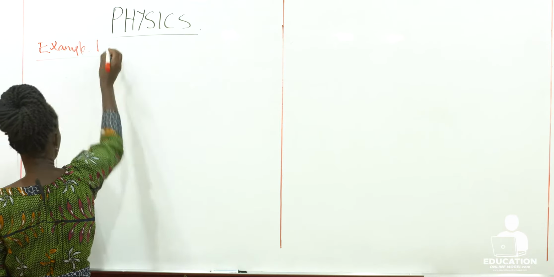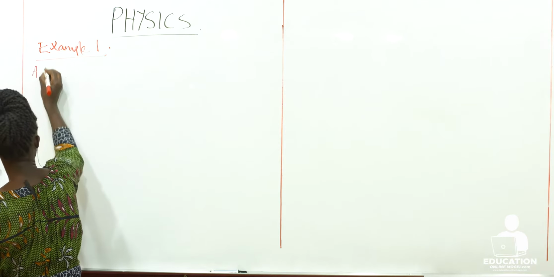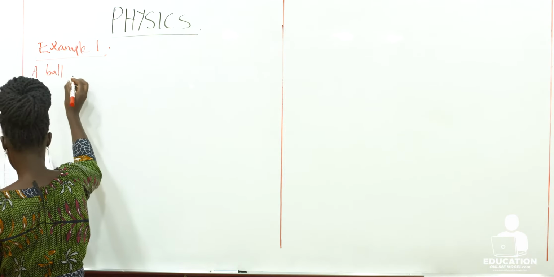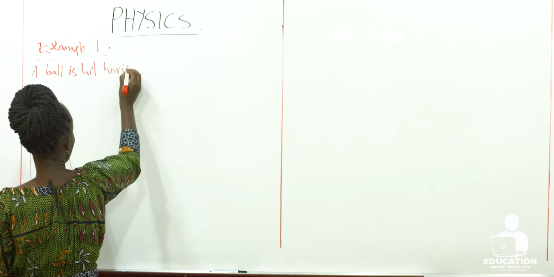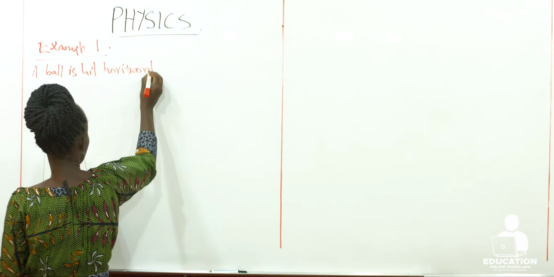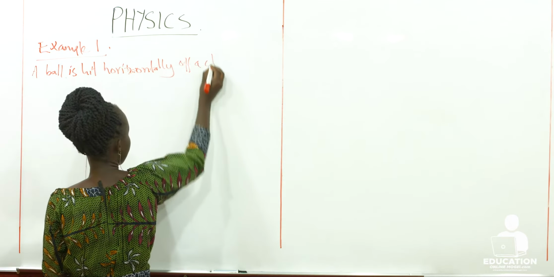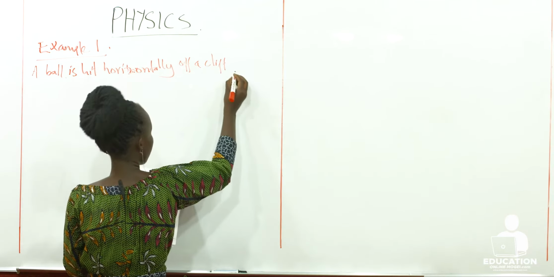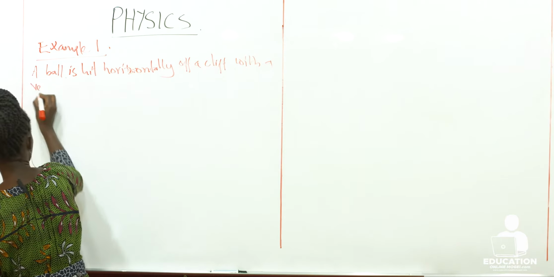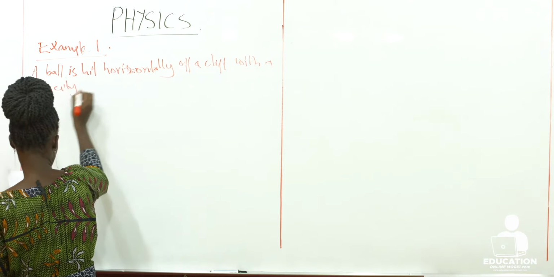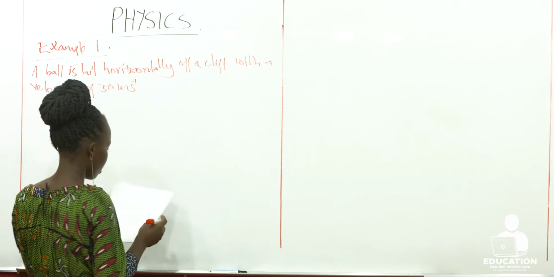Example 1. A ball is hit horizontally off a cliff with a velocity of 30 meters per second.